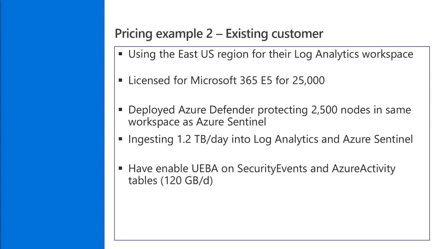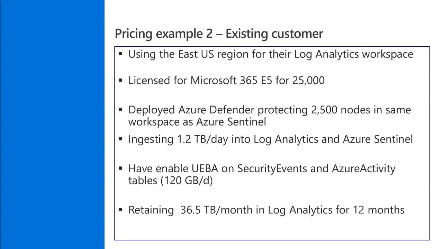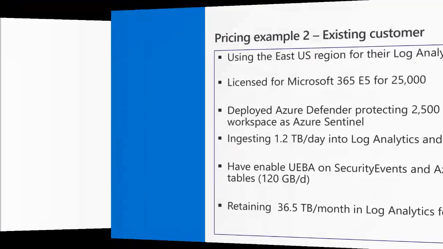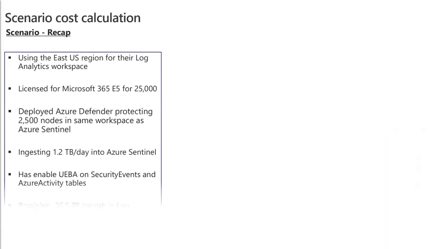They have UEBA enabled for security events and Azure Activity, bringing a combined total of 120 GB a day and retaining 3.6 terabytes a month across 12 months in Log Analytics. So that's the scenario summary there.